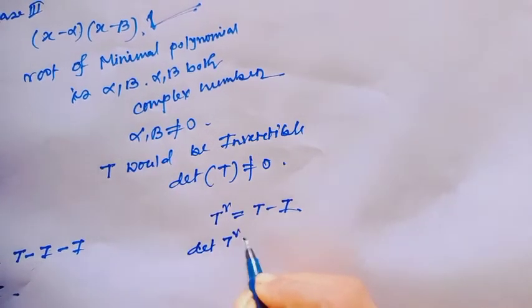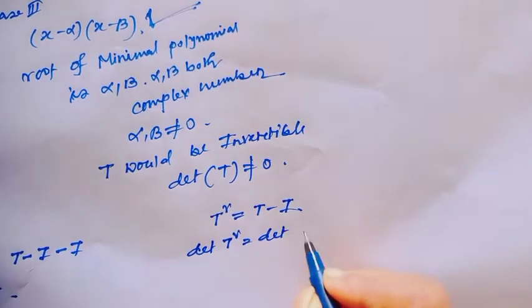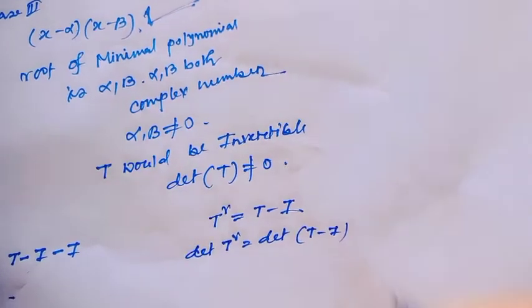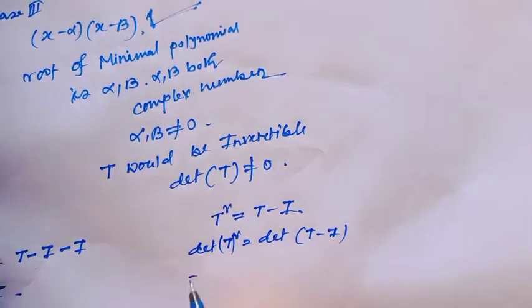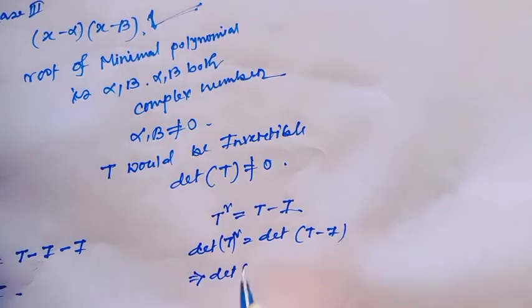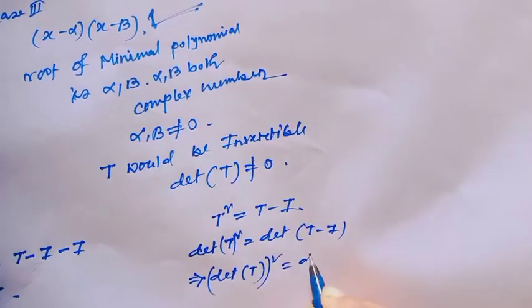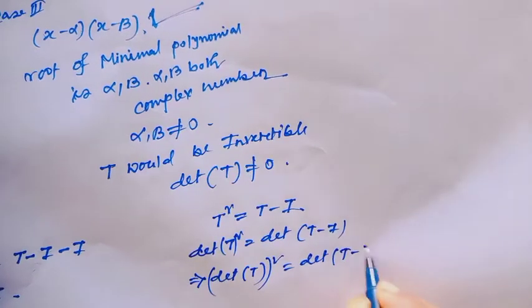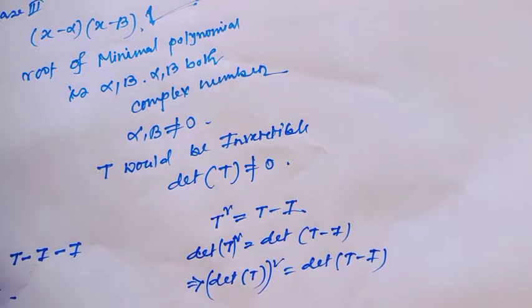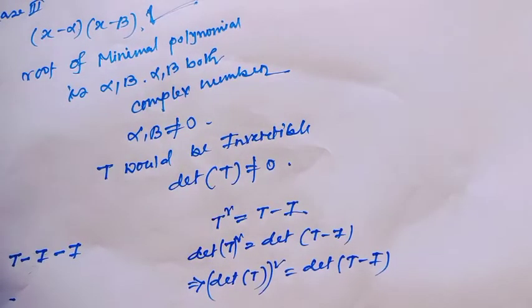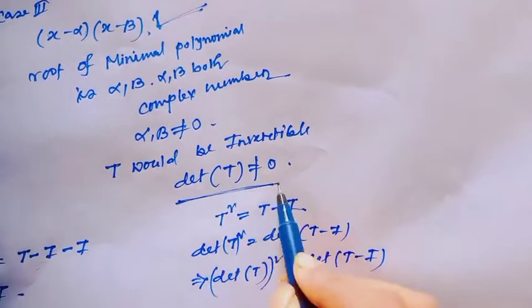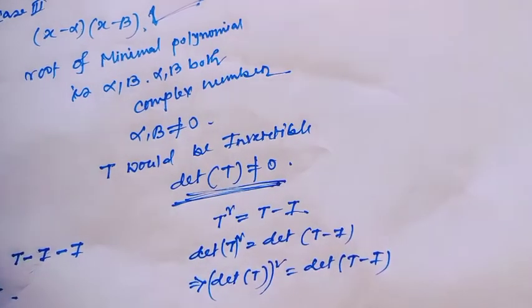The determinant of T square means the determinant of T whole square equal to the determinant of T minus I. And as I have seen, since alpha and beta are roots of this operator and both are non-zero, the determinant of T is non-zero.